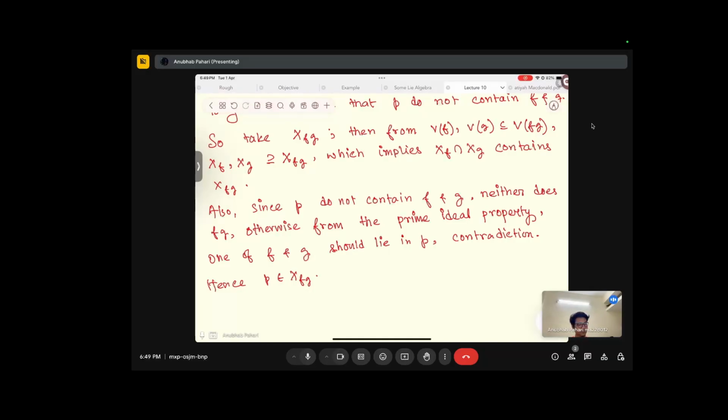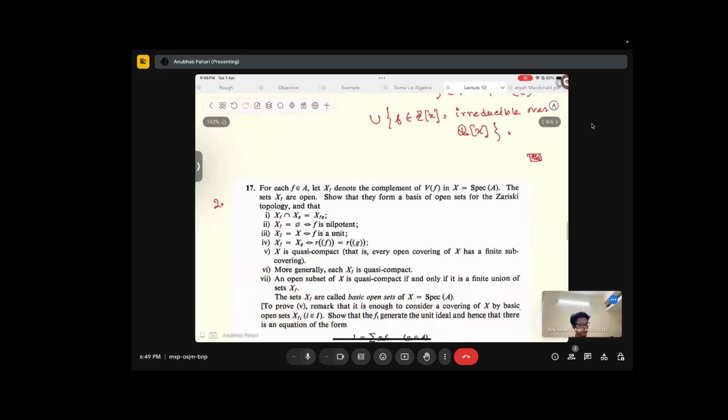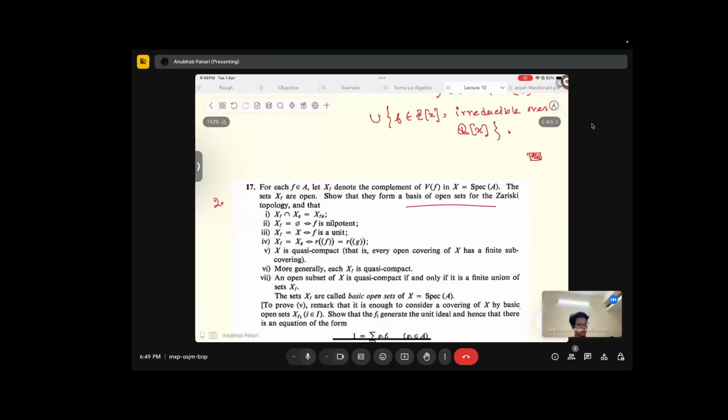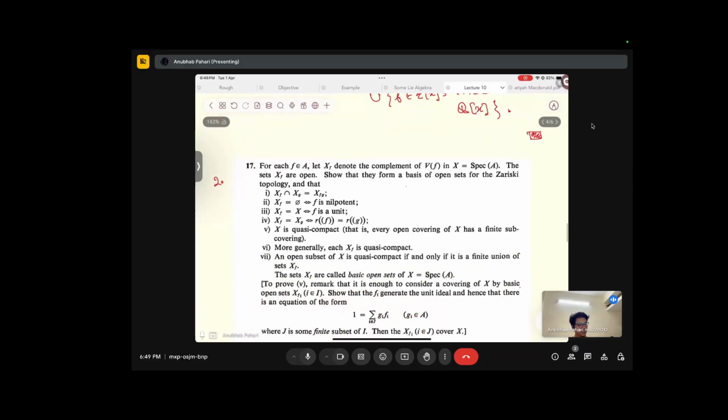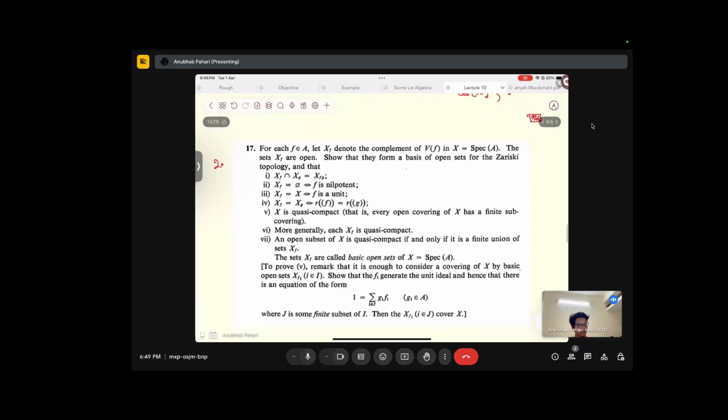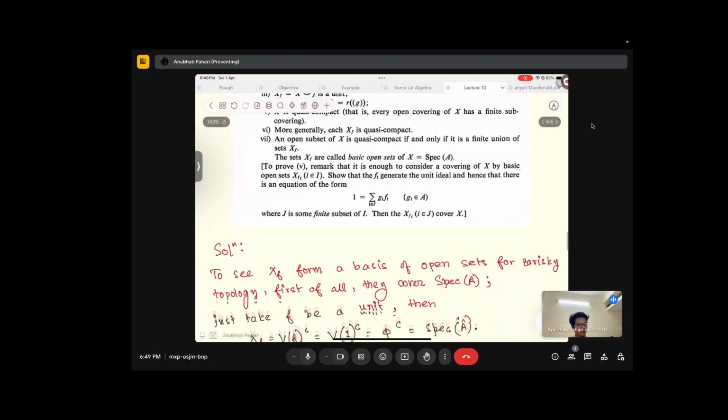So the first part is done, that is, form a basis of open sets, that part is done. Now we'll check all these properties up to 7 one by one.